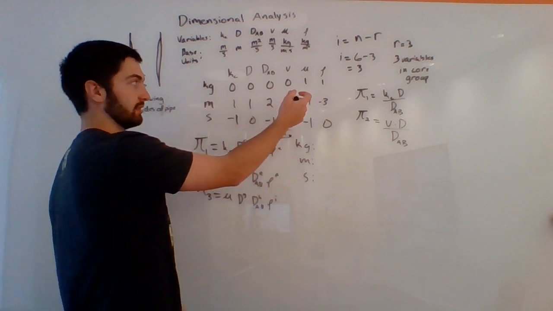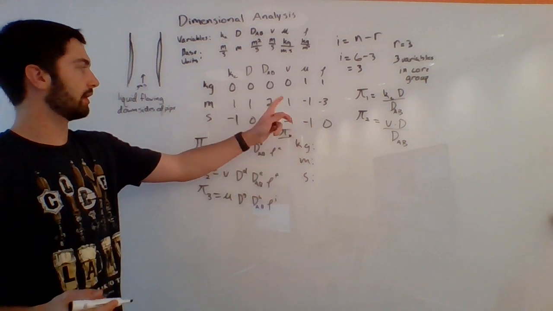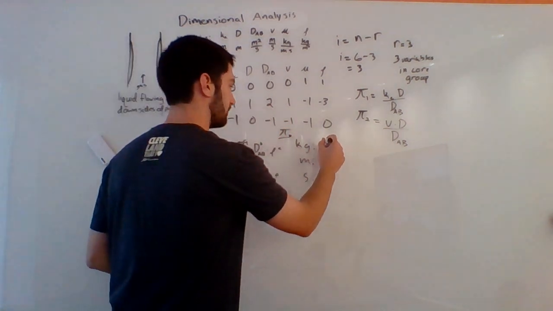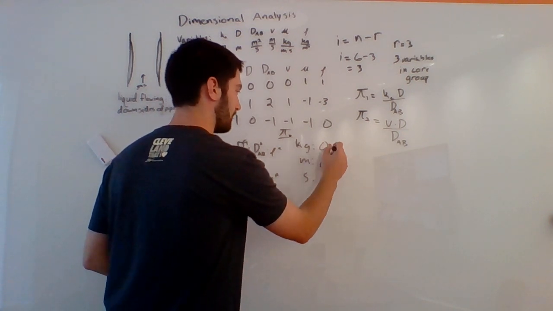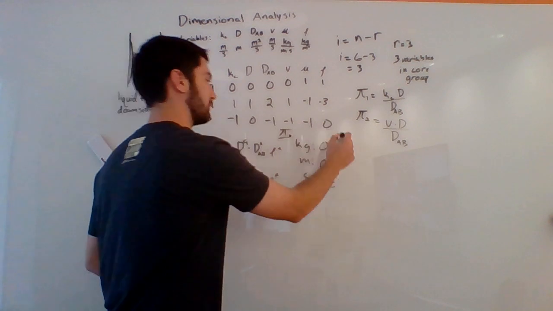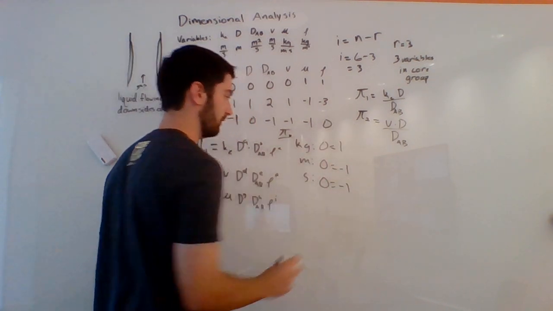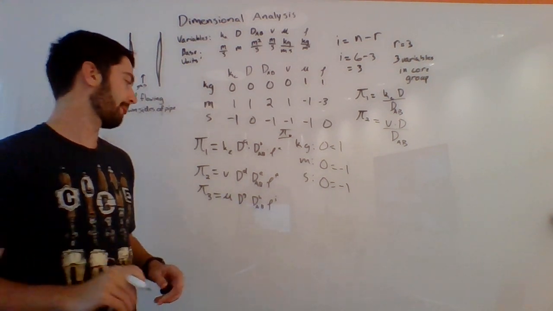So for viscosity we have a kilogram to the first power and then a meter and second to the negative first power. So that means each equation has a constant in it. A kilogram is to the first power, so we get 1, and both of the other ones are to the negative first power.